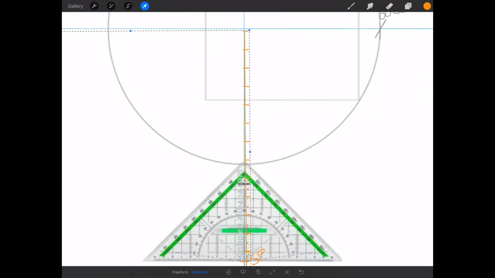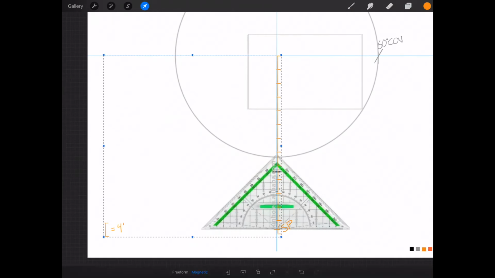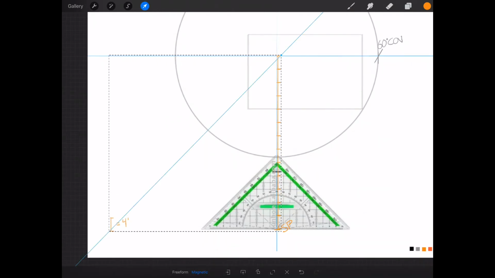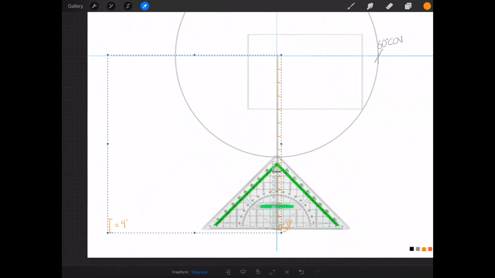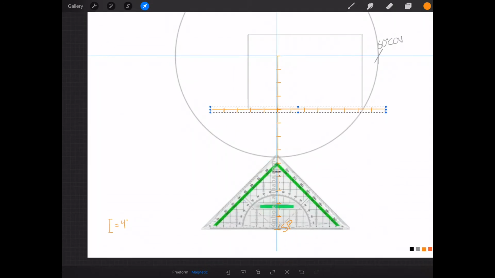So I'm grabbing everything, even the original unit that I created, and I'm scaling it down until that bar that I just created is within the station point and the center of vision. And then the 4th unit down just happens to line up with that portal.